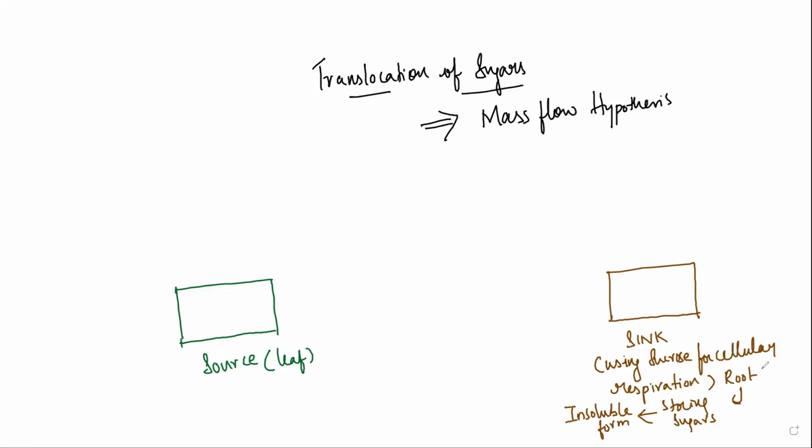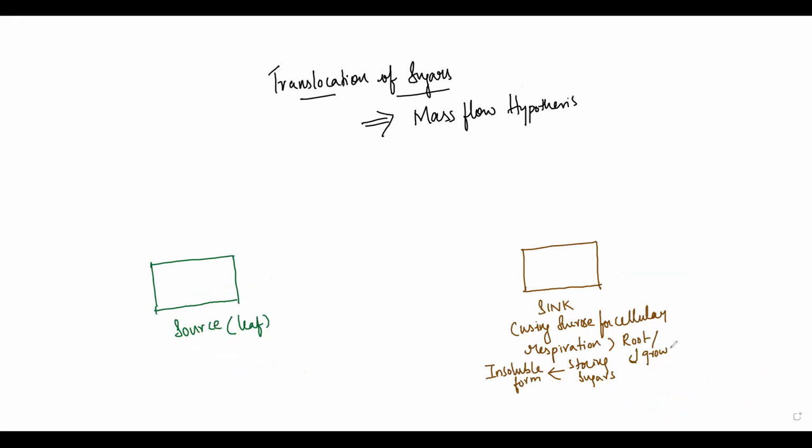So the sink can be a root, or it can be any other growing parts of the plant.